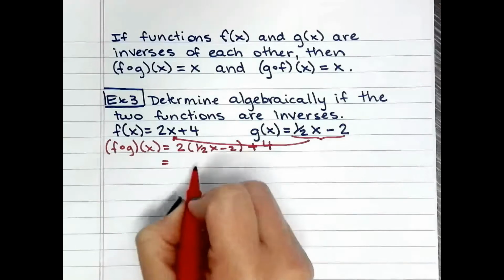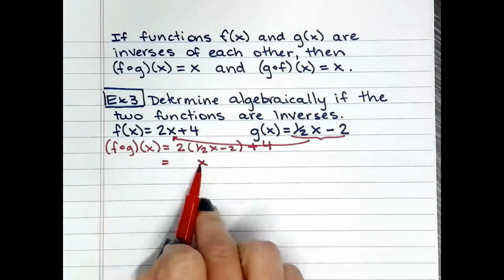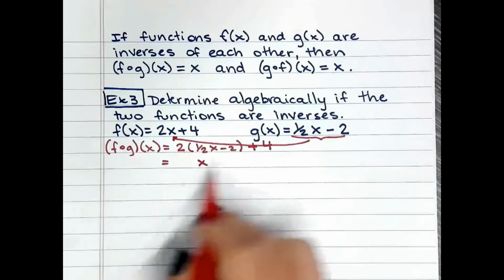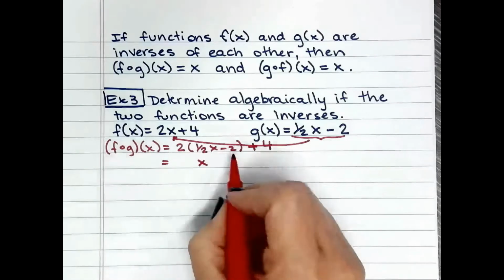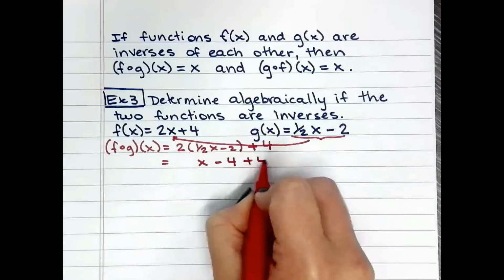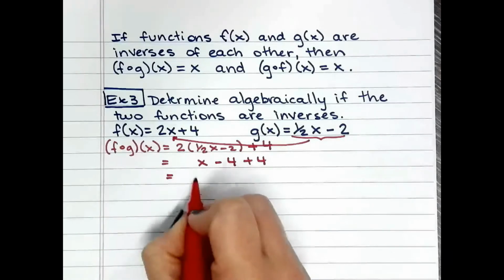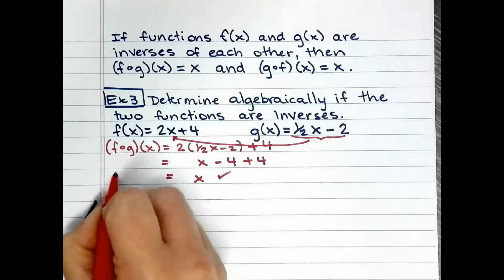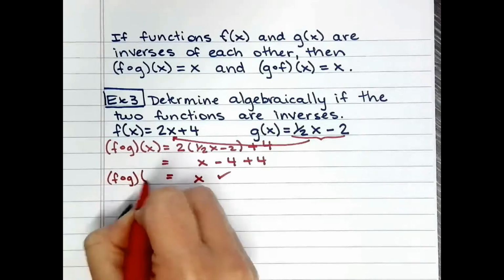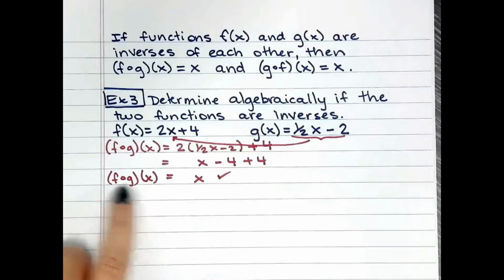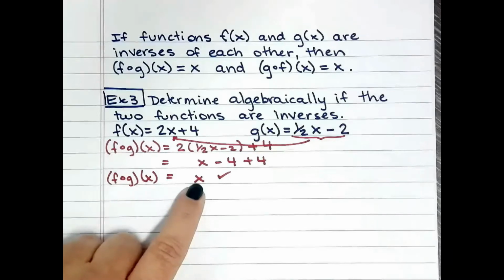Distribute the 2. 2 times half is just 1, so 1x, minus 2 times 2 is 4, plus 4. So simplify, negative 4 plus 4 is 0, and I only have x left. So it's looking good. F composed g of x is already equal to x.